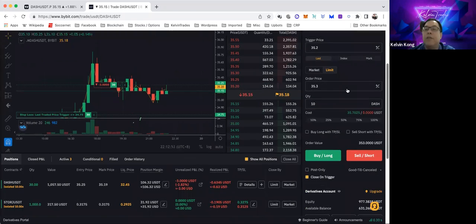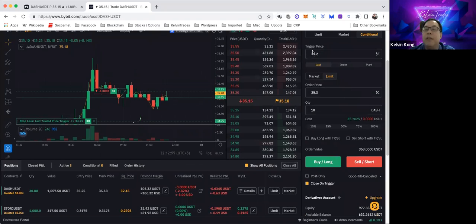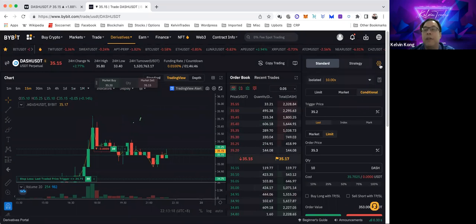That means when the trigger price is reached, your position is closed. Otherwise, it will remain open and be a new position. Initially, at the storage trade, there wasn't this close on trigger because our storage trade was still on hedge mode.